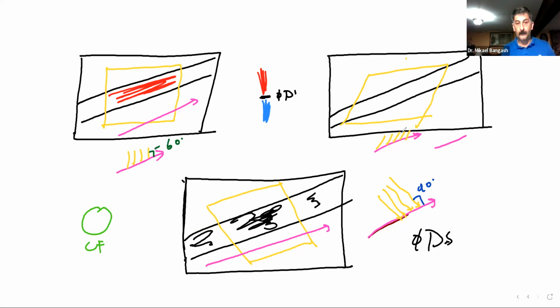Another angle that we can say is maybe 30 degrees, for instance, which is still maybe positive.